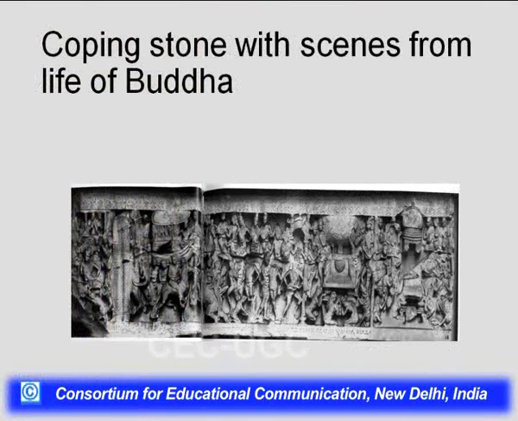All right. Now, we come to the third element of the railing, which are the coping stones. The coping stones, as we saw in the first slide, are the stones that unite the entire railing in one compositional scheme, and here you will see that there are various scenes from the life of Buddha, and here Buddha is shown in his iconic form.